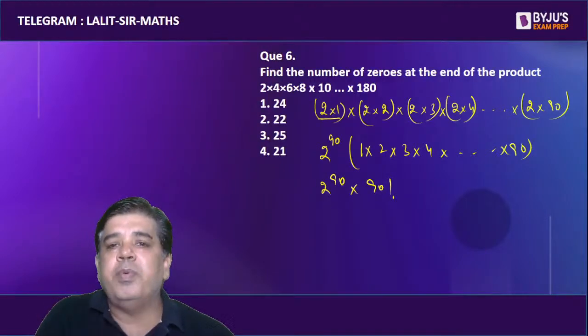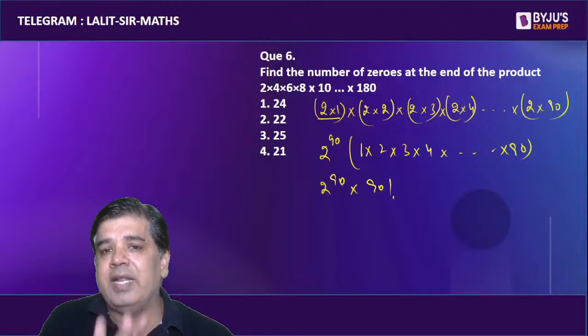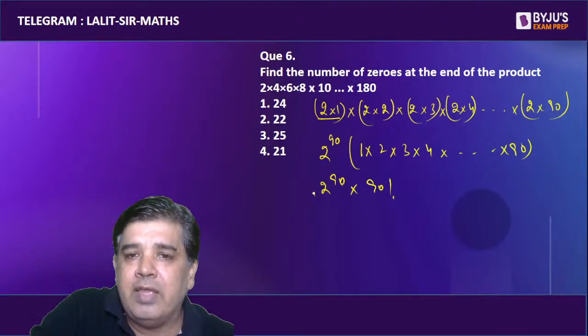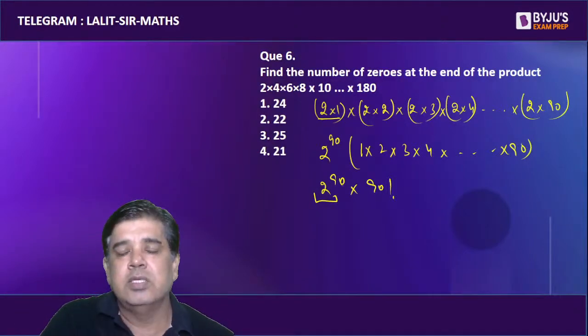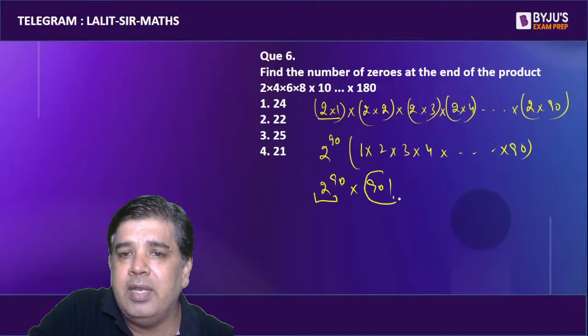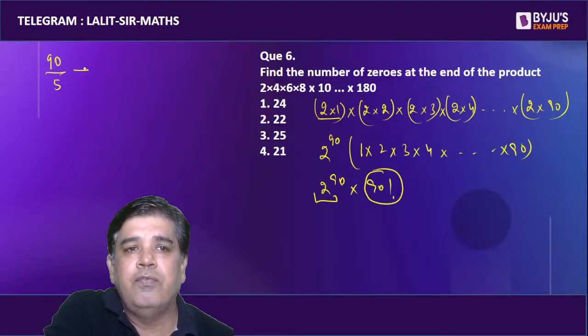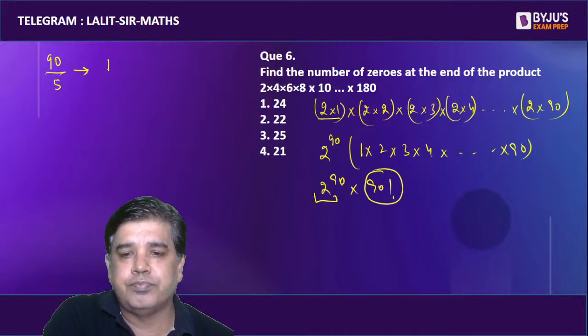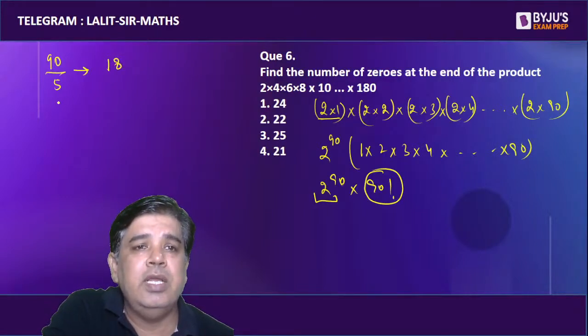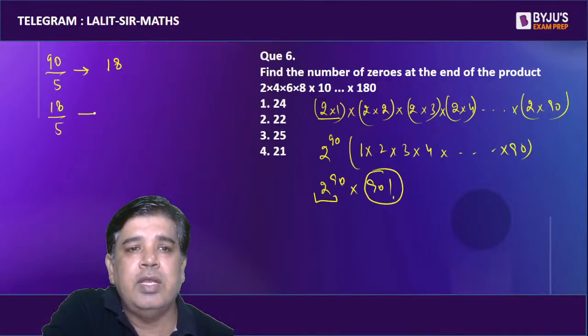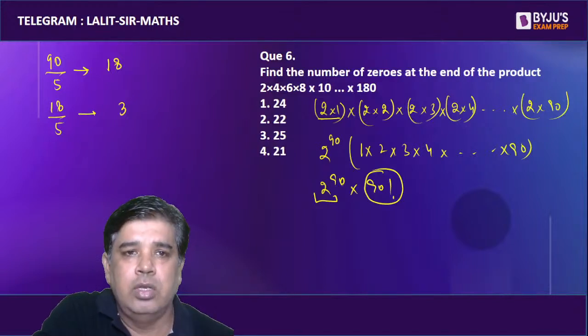So in 2 raised to power 90 there is no 5, it is 2, 90 times. So there is no 5 in this part. Leaving this, the 5s will only be in 90 factorial. So divide 90 by 5: 18. Then 5 times 5 is 25, so 3 more, right?